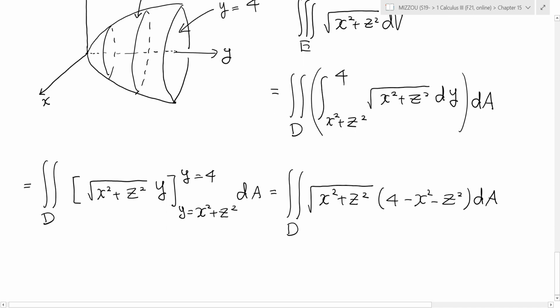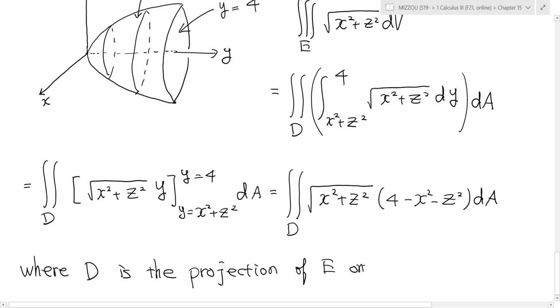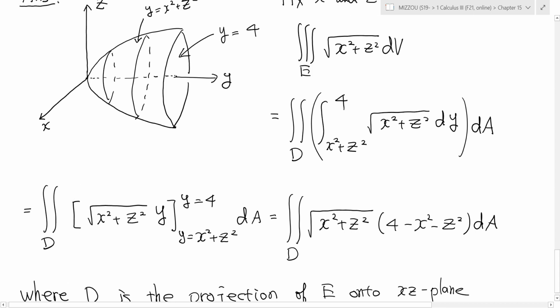But D is the shadow or the projection, or what I call the shadow, of E onto the xz plane. What is that? Well, that's just a disk. If you just project this down, if you look at the shadow, it's just a disk.